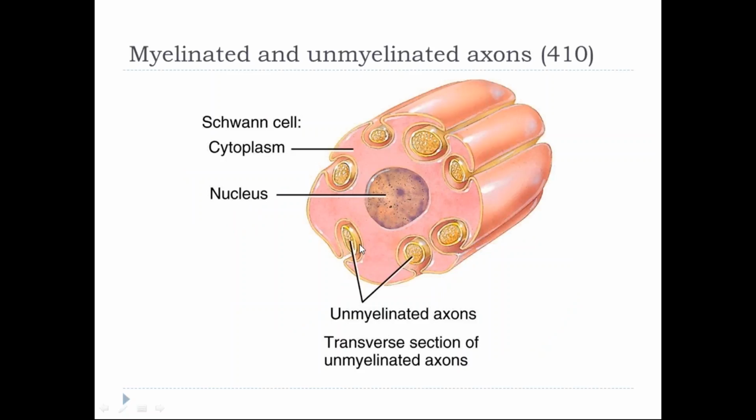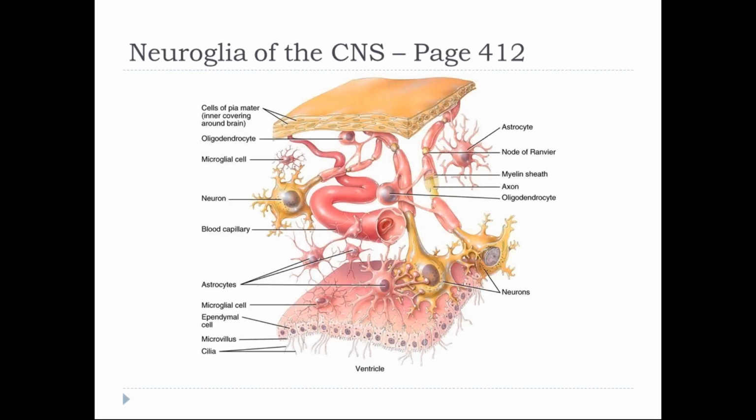The neurolemmocyte, or the Schwann cell, is still going to provide some protection to the cell, but it doesn't myelinate it. It doesn't do that wrapping underneath. So it sort of protects a bunch at once, and you can see it doesn't create that insulator, the phospholipid, all wrapping around it.